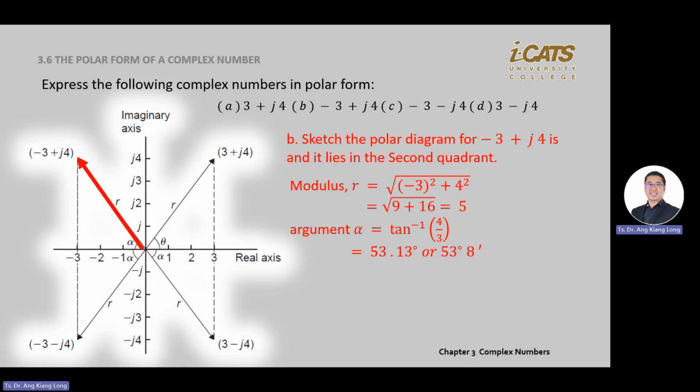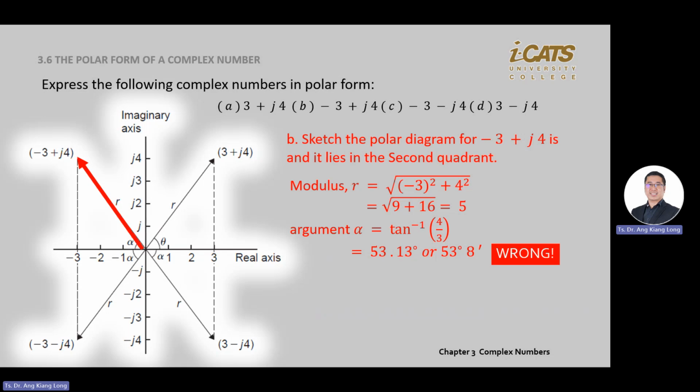The argument for the second complex number is not 53.13. It is measured from the real axis, from here to here. So how to find here to here? Take 180 minus alpha. So this is the wrong argument.